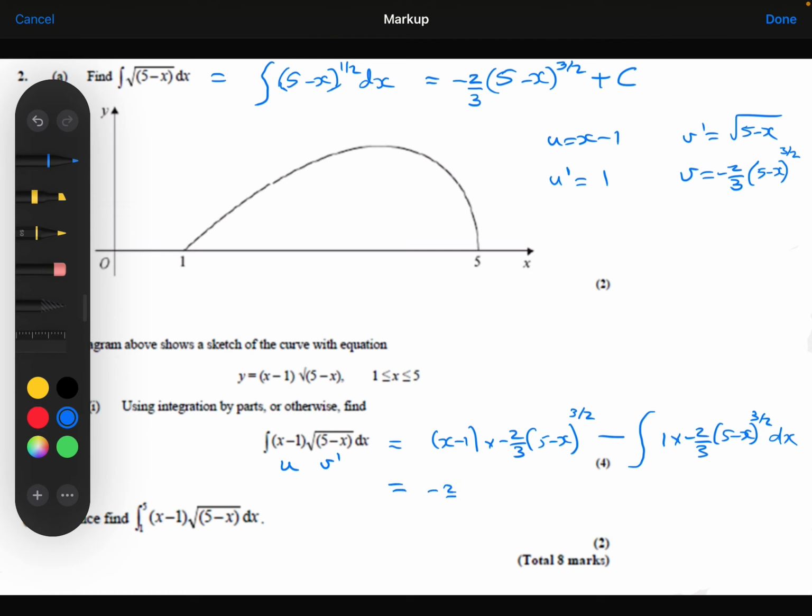So, just rewriting the front term in a little bit of a nicer way. Right, let's look at this integral then. I'm going to take this minus 2/3 and put this on the outside with the minus 1. So that will be a plus 2/3 on the outside of this integral. And then on the inside, I've just got the 5 minus x to the power 3 over 2.